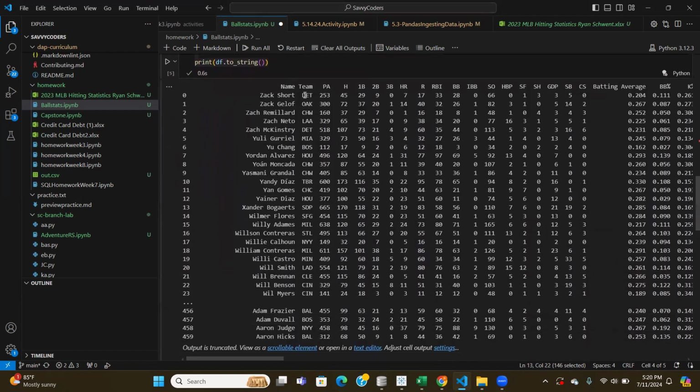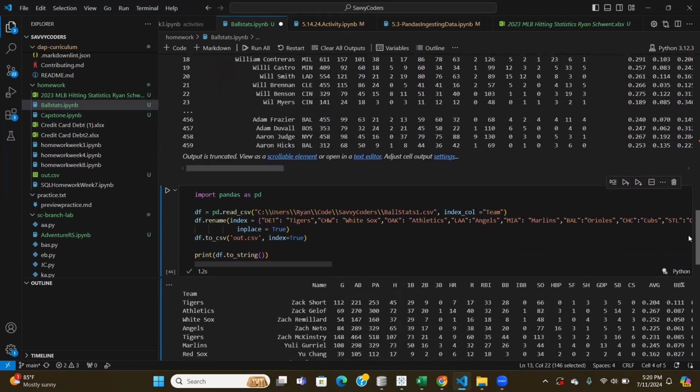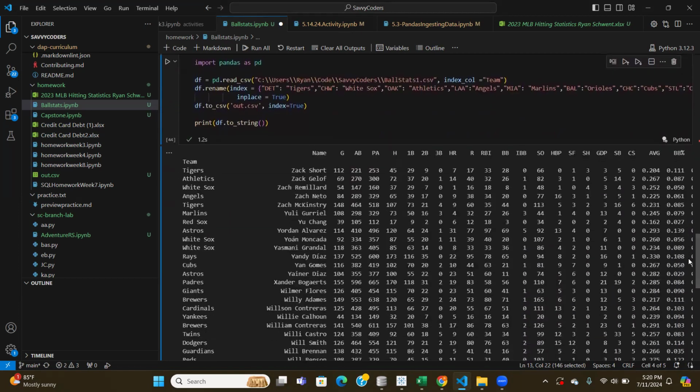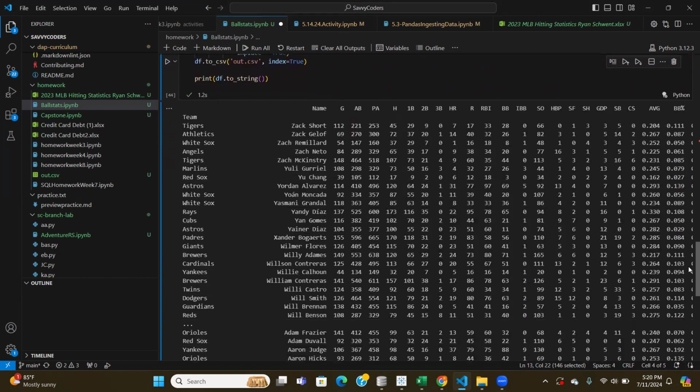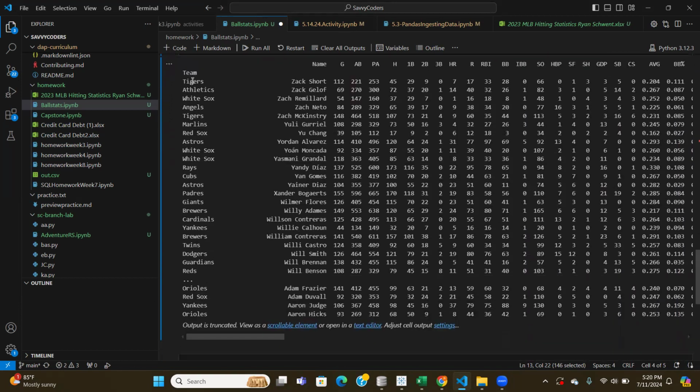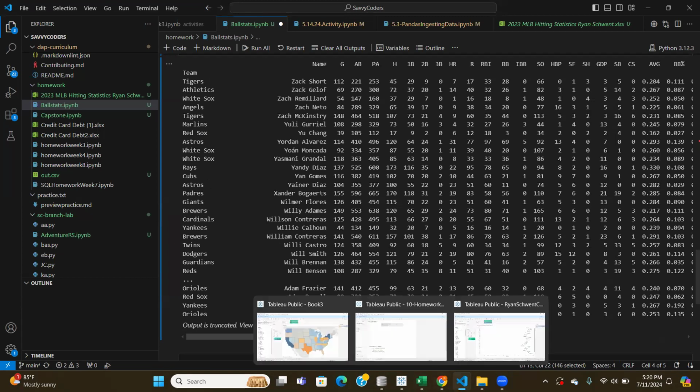You can see here it has all the teams like Detroit, Oakland, Chicago, etc. And I wrote some strings of code to rename them to the actual team names like Tigers, Athletics, White Sox, Marlins, Red Sox, Cubs, Brewers, Cardinals, Yankees, Twins, etc., which I thought would be more helpful, especially for people that weren't fans of baseball, to know exactly which teams had which averages and exit velocities.